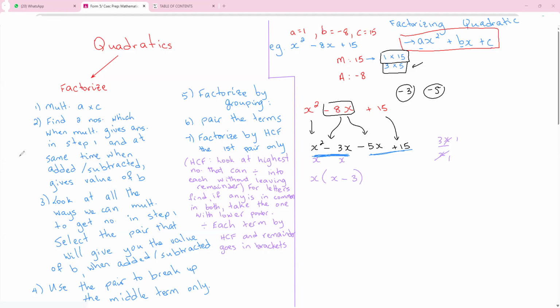Now in purple, the rules, that's the rules for factorizing by HCF. Now, after we do that, we're going back to our normal factorizing by grouping.